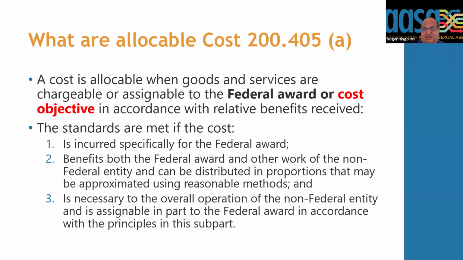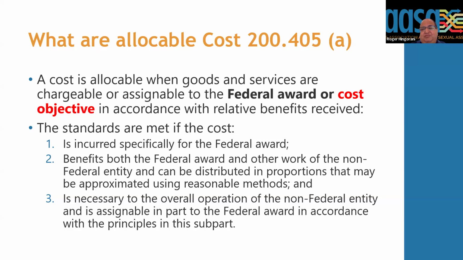So by definition, a cost is allocable when goods and services are chargeable or assignable to the federal award or a cost objective. We'll go a little bit over the cost objective in accordance with the relative benefits received. So just because somebody's getting paid out of certain percentages, it's how much benefit the program is receiving.